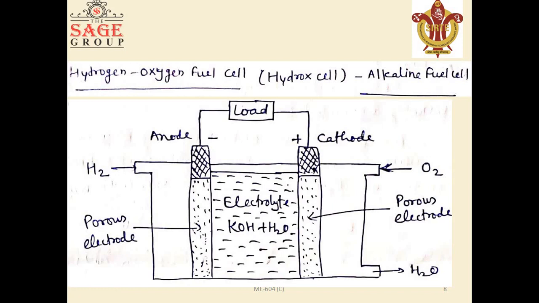The middle chamber between the electrodes is filled with a strong solution of KOH, or we can say the electrolyte, a solution of potassium hydroxide. The surfaces of the electrodes are chemically treated to repel the electrolyte so that there is minimum leakage of potassium hydroxide into the outer chamber.